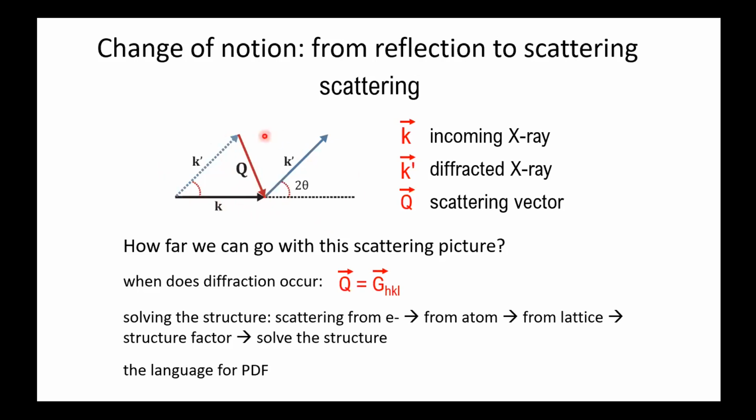So we always need to come to this scattering picture when we talk about the details of XRD and the PDF. And this is very useful. For example, it directly tells us when the diffraction occurs.